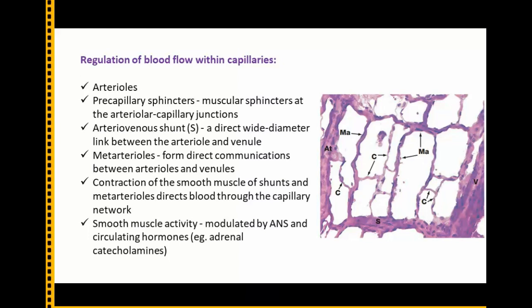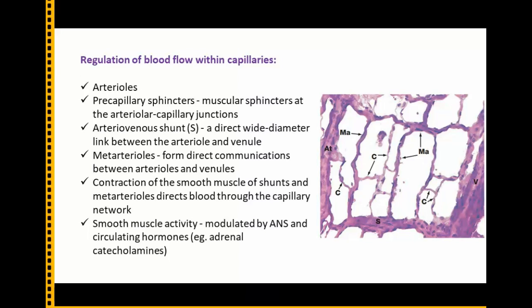These shunts and meta-arterioles have smooth muscles. Because of their contraction, blood is directed through the capillaries, and gas exchange and metabolic waste product exchange happen, and then the blood goes towards the post-capillary venules.